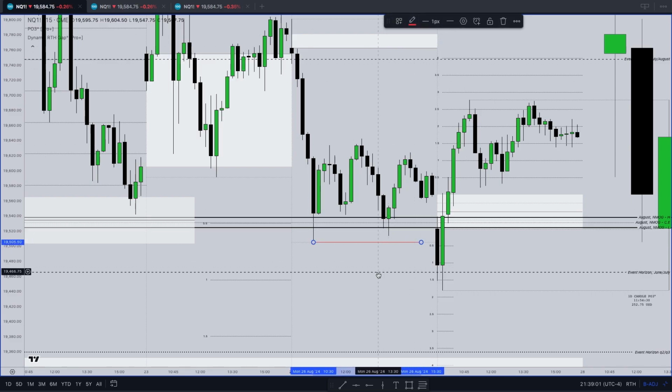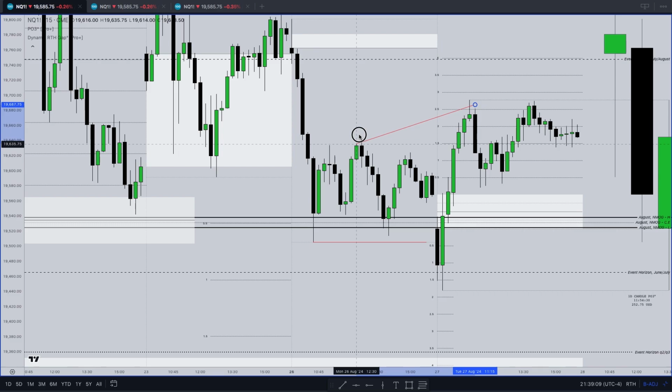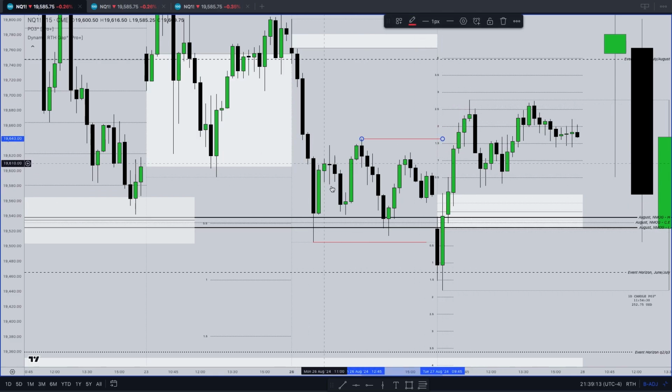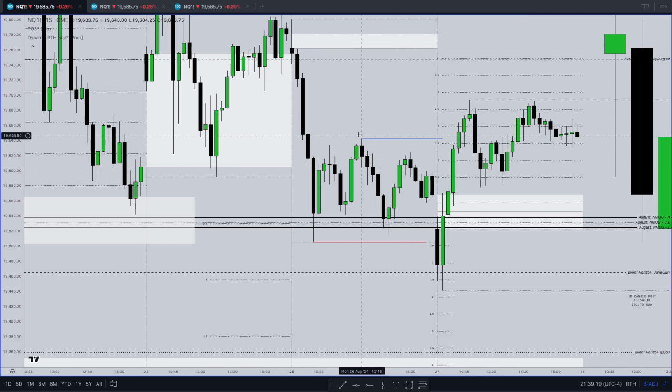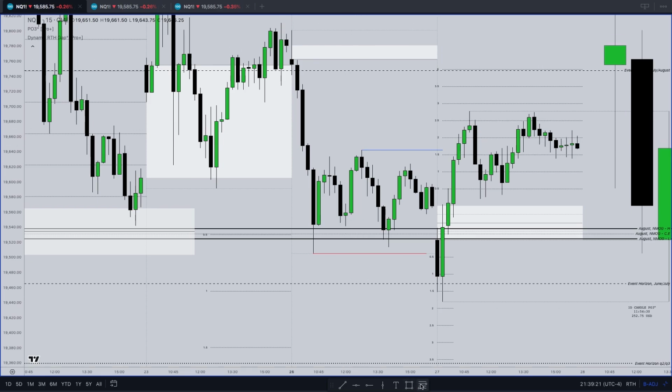We have sell side liquidity resting here, and it's very obvious that above this range, this is all an area where the price was ranging, there is buy side liquidity resting above this high, and we have this imbalance also.